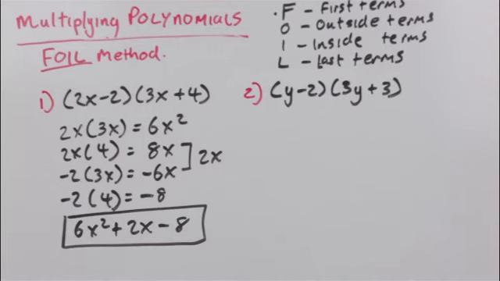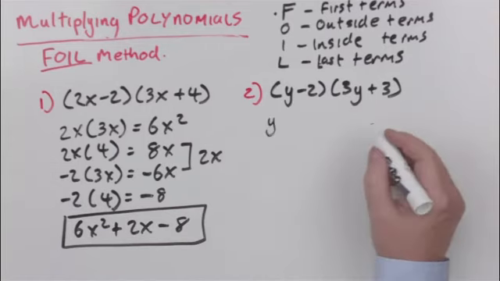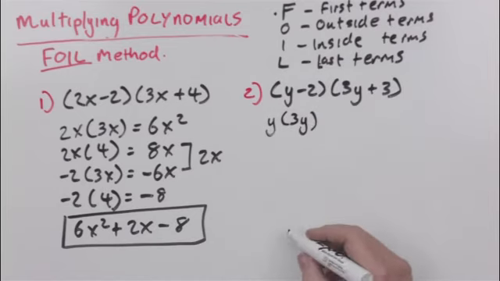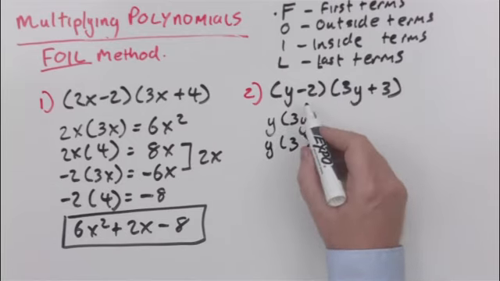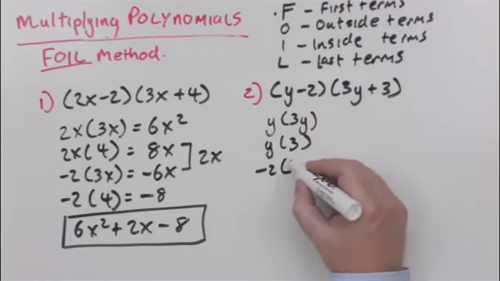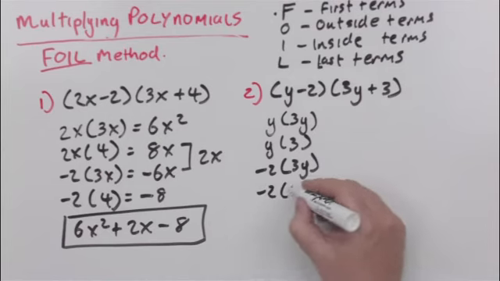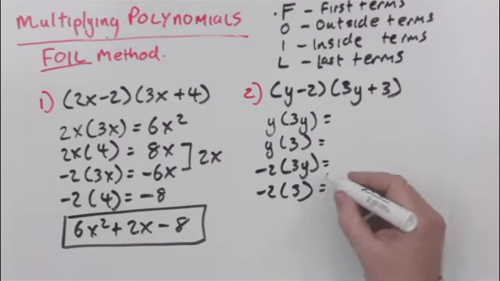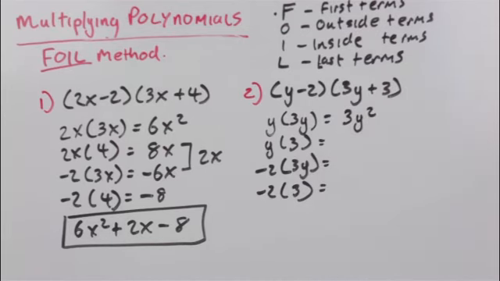Let's look at another. The first terms are y times 3y. Then the outside terms, that would be y times 3. The inside terms, negative 2 times 3y. And the last terms will be negative 2 times 3. Now multiply: y times 3y is 3y squared. y times 3 is 3y.